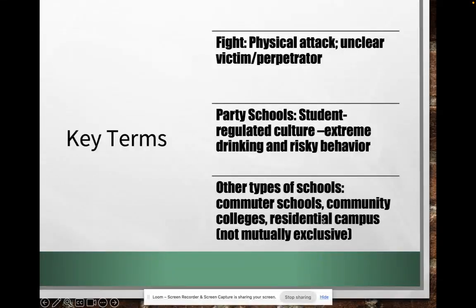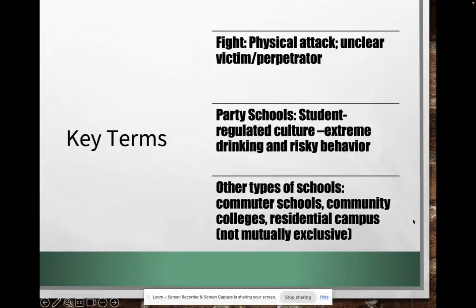And then there are also other types of schools that we should keep in mind as we compare and contrast what this risky behavior and partying looks like at a party school compared to other types of schools like commuter schools, community colleges, and residential campuses. It's also important to point out that some schools carry multiple identities. So our school, Sinclair Community College, is a community college, but it's also a commuter school.